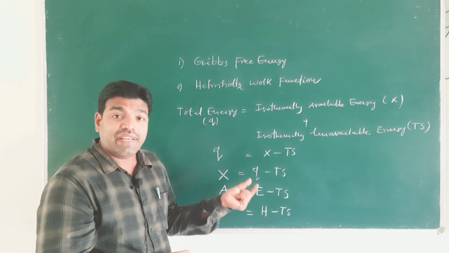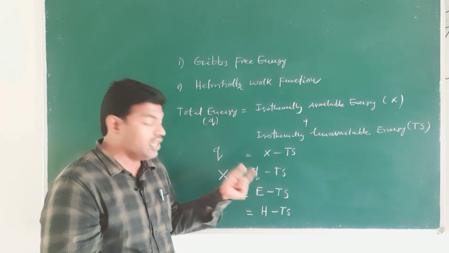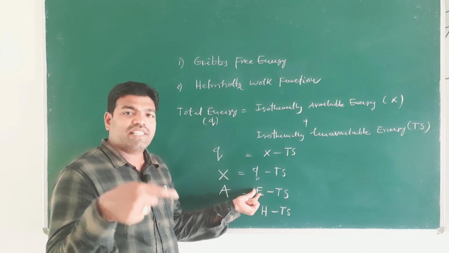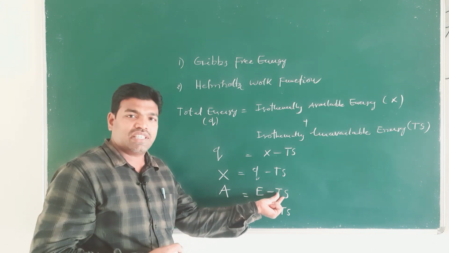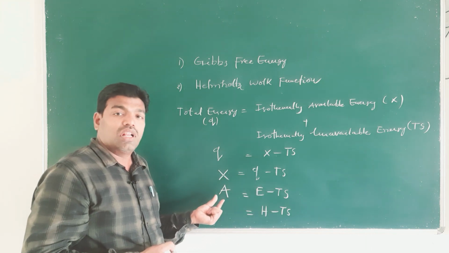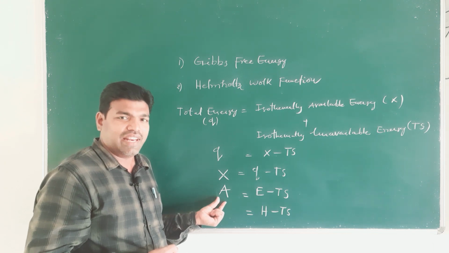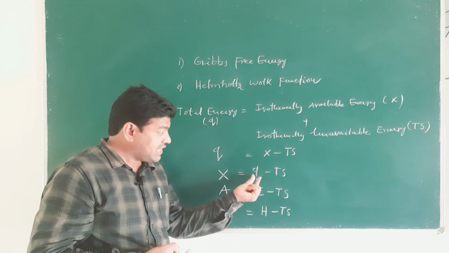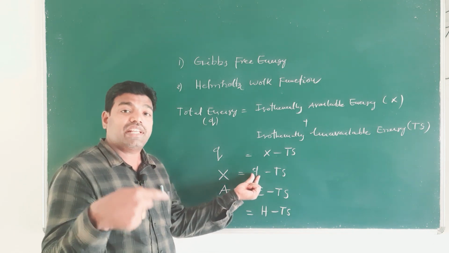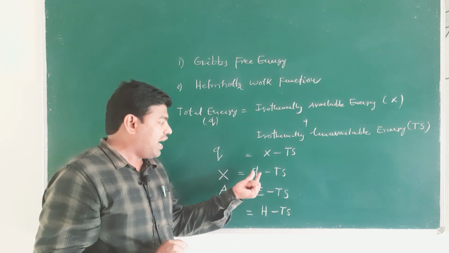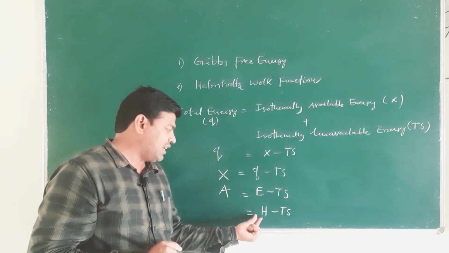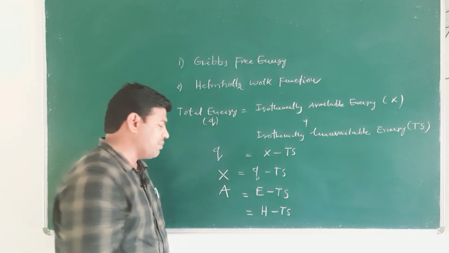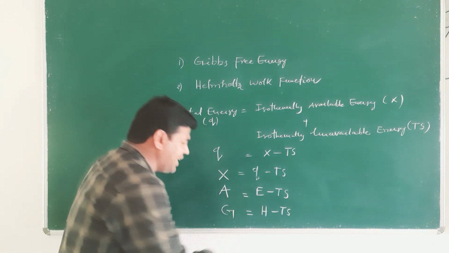Total energy minus unavailable energy is equal to the Helmholtz work function, that is, the available energy. And if heat is absorbed at constant pressure and Q is replaced with H, then X is replaced by G.